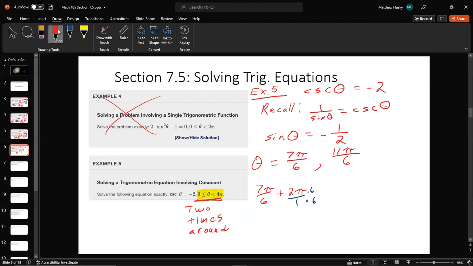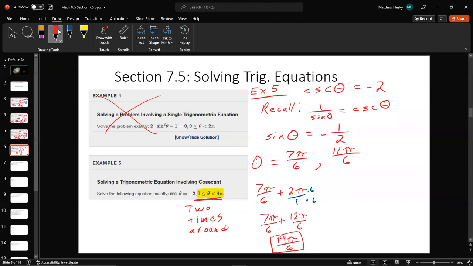This is going to give you 7 pi over 6 plus 12 pi over 6, which gives me 19 pi over 6. That is yet another solution, the second time around the circle. Meanwhile, if we take 11 pi over 6 and add 12 pi over 6, that will give us our last solution, which will be 23 pi over 6.